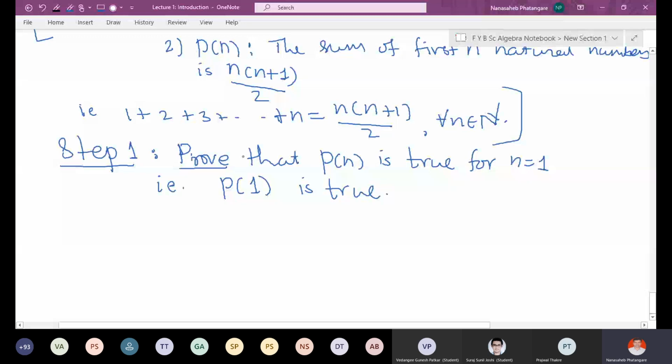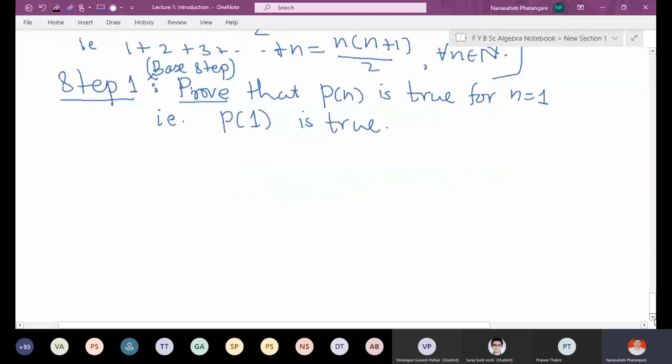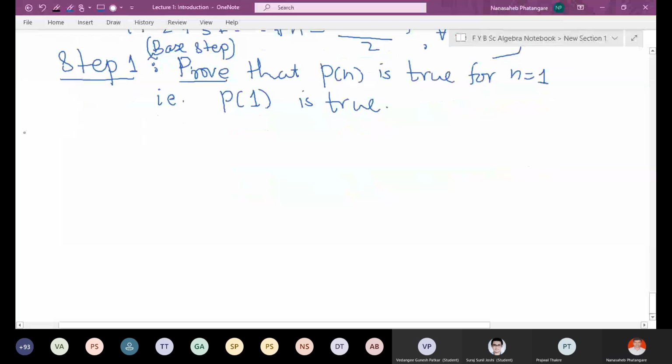Then what is the second step? So this is called the basic step, or base step. Right? Now, next step, step 2, is called the induction hypothesis.